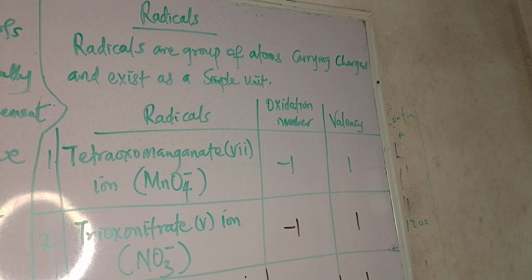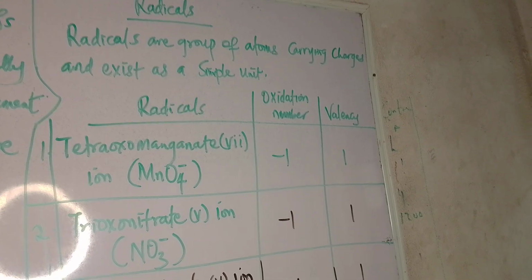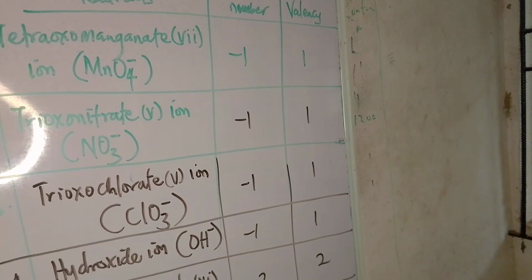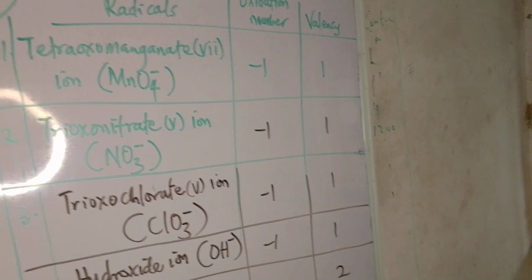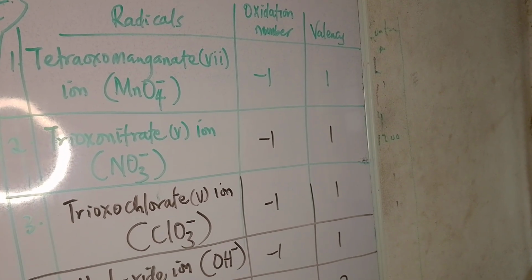I will still teach you how compounds should be pronounced in chemistry. But what we want to do now is recognize those radicals, their oxidation numbers, and their valencies, because we need this valency to form our compounds, those molecules that we need to talk about later on.